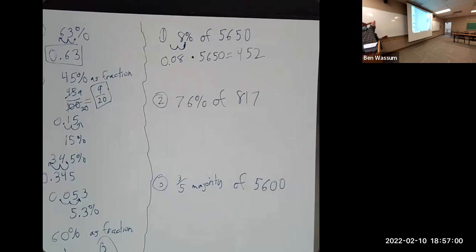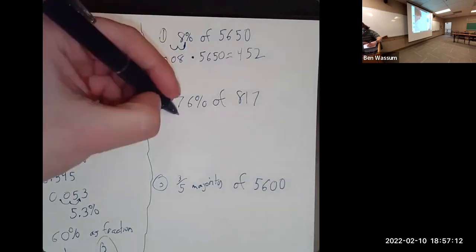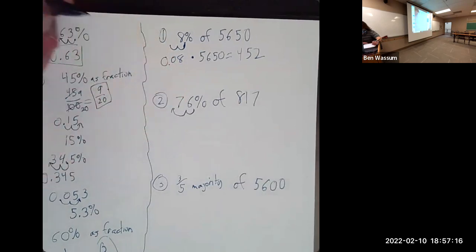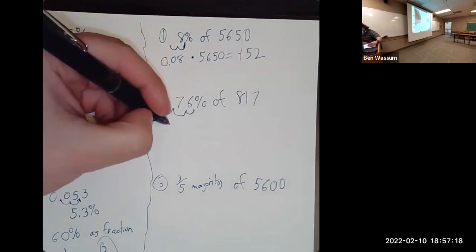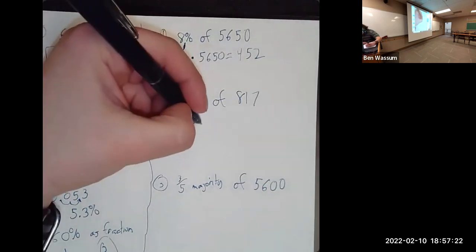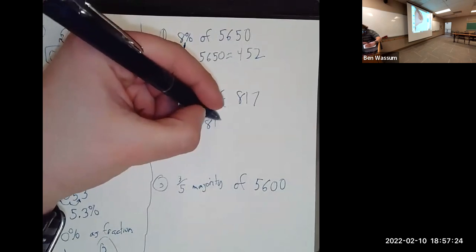Okay. Same thing happens on number 2. I have 76% of 817. Well, 76% is going to be 0.76. And we're going to multiply that by the 817.